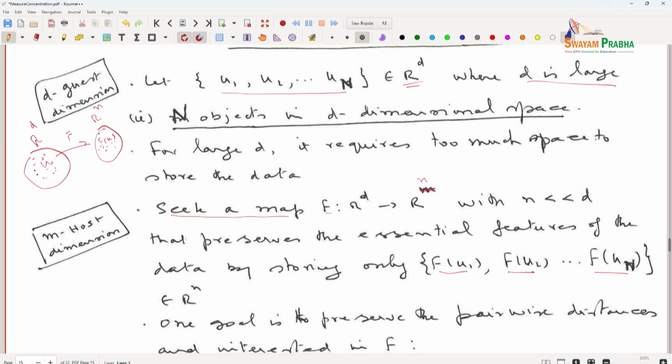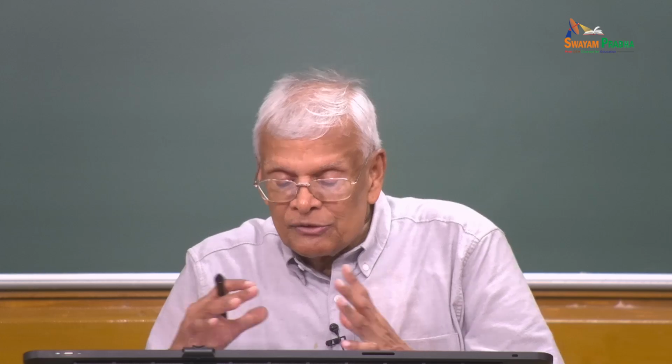So Rm is the host space where the capital N points are the guests. When some guests come to our home, we simply say, please feel at home. So same thing we are going to talk about.